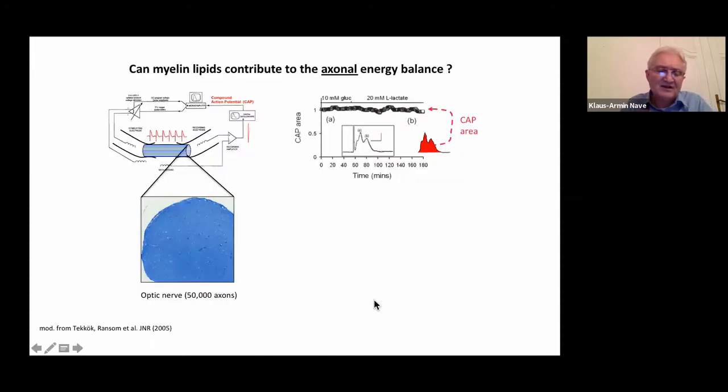The real question is, is this energy usage also good for the axon? Now, obviously, the axon will degenerate when you cut it out from the optic nerve. But functionally, in the time window that we're looking at, can we see a benefit for the myelinated axon under starvation condition? Now, you already know this experiment, which was taking out the optic nerve, clamping it, stimulating it, and measuring the compound action potentials and recording this over time, this cup area, which you know.